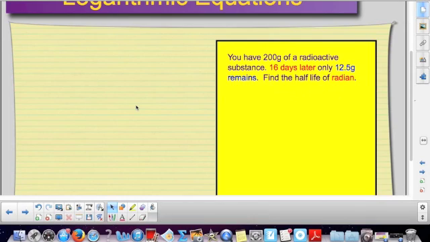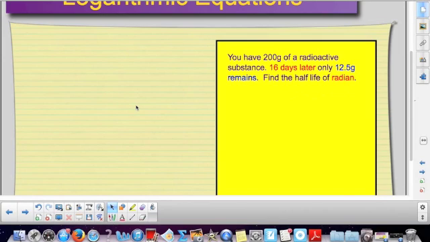Okay, so we have 200 grams of radioactive substance. You guys can take pictures of the question too if you want to copy it later. 16 days later, only 12.5 grams remain. What is the half-life of radium?